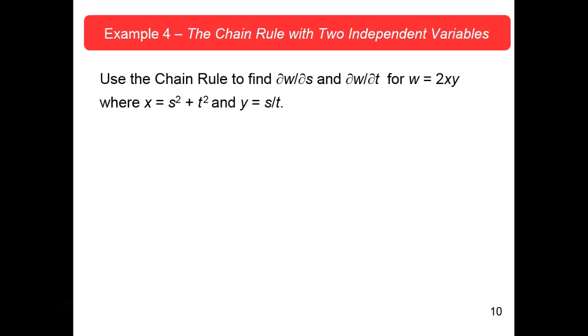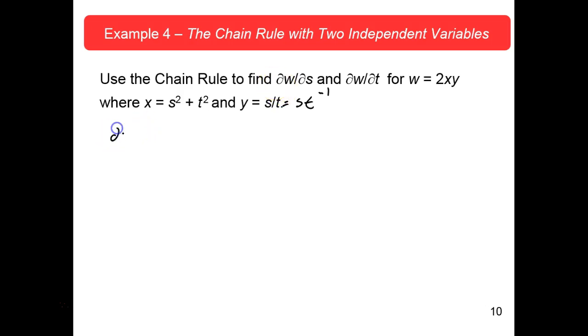Sorry. Now I've got, and again, I like to rewrite this as st to the minus 1. That just makes it easier to do everything you need to do. Okay?